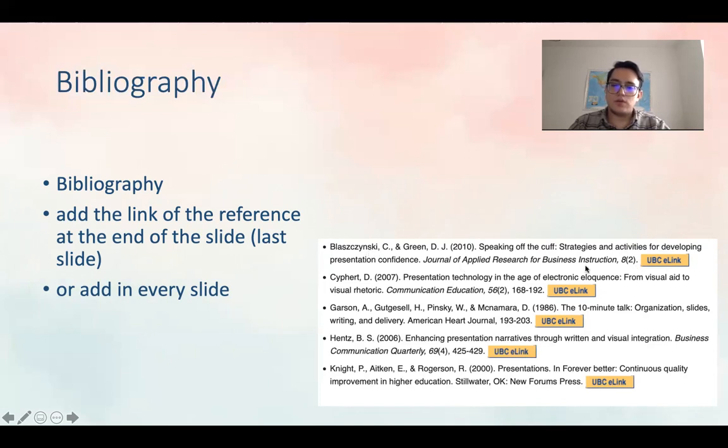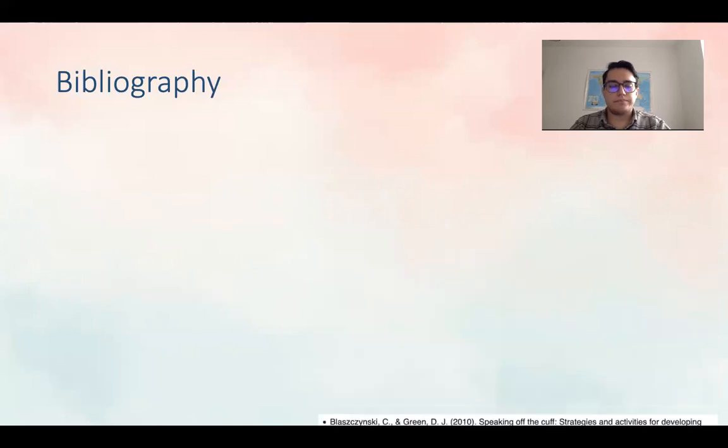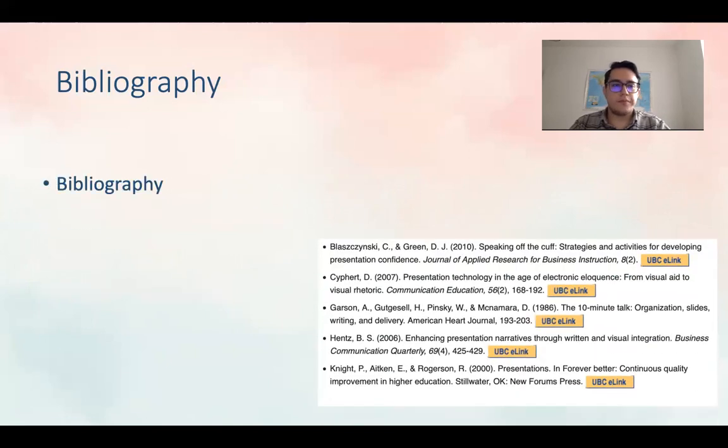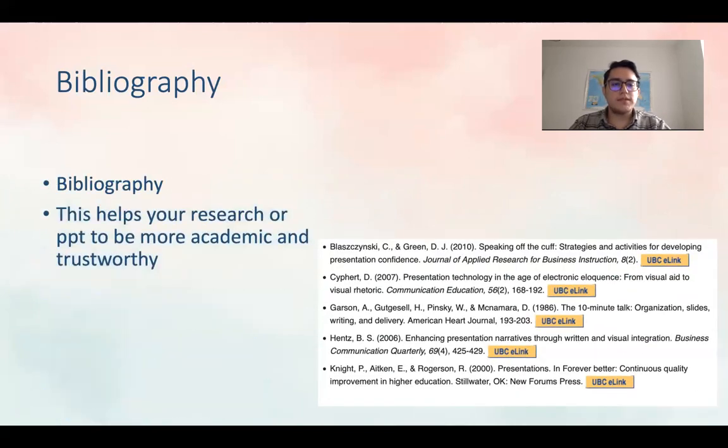So you give all the information that you can have and give to the references. Also the same for pictures. You have to write down the website or the writer name or the photographer. This helps your research. So what does bibliography do? Bibliography do, or reference?